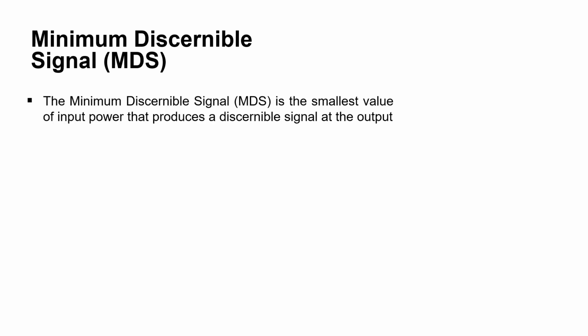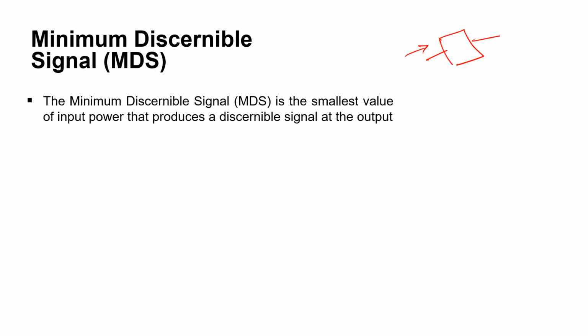So the next topic is minimum discernible signal. The minimum discernible signal, MDS, is the smallest value of input power that produces a discernible signal at the output. So here input and output are for a receiver. Let's consider a receiver.